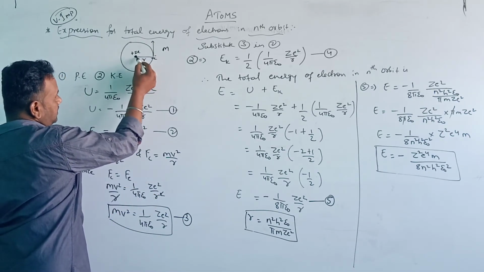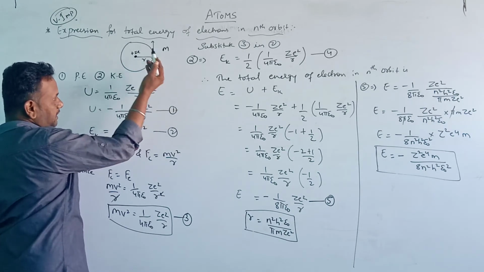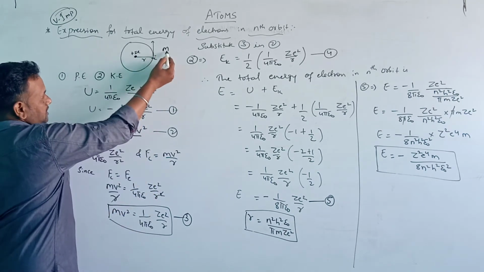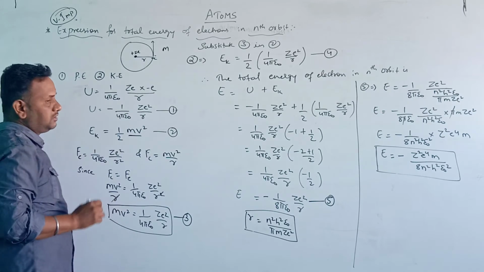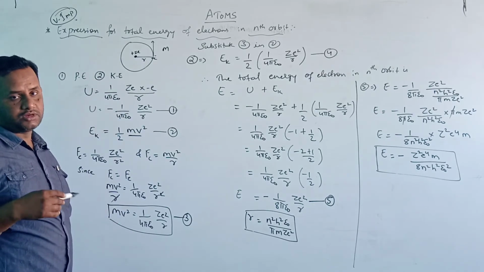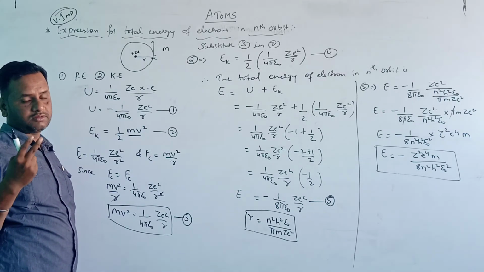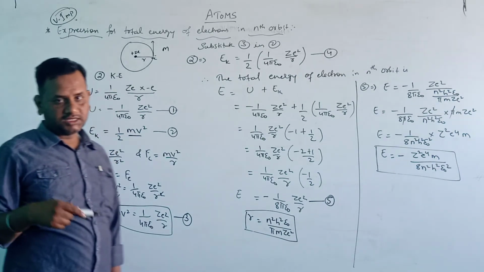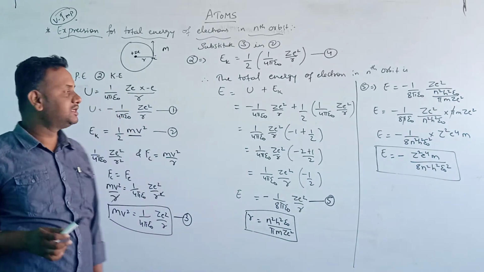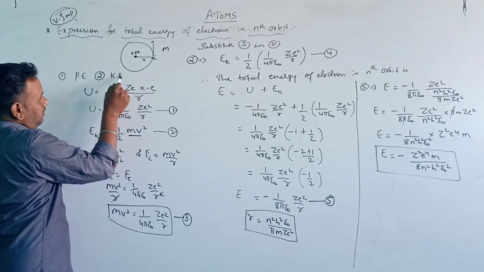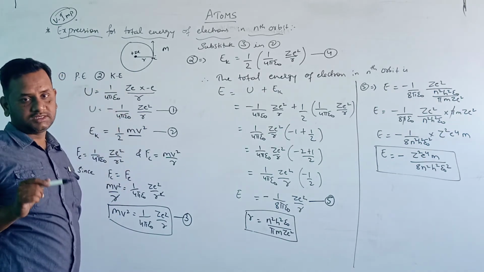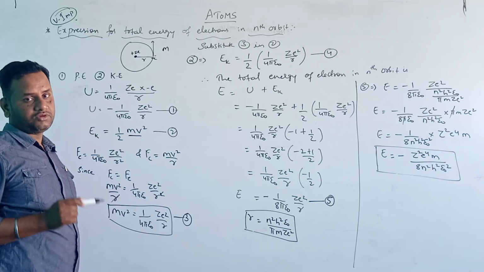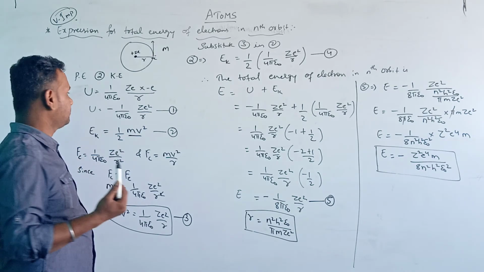Charge of the nucleus is Ze, charge of the electron is negative, of mass m. As this electron is revolving around the nucleus, it has two energies. One is potential energy because it is in the electrostatic field of the nucleus, and one more is kinetic energy because it is in motion.